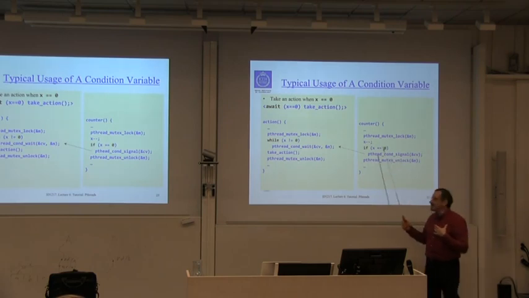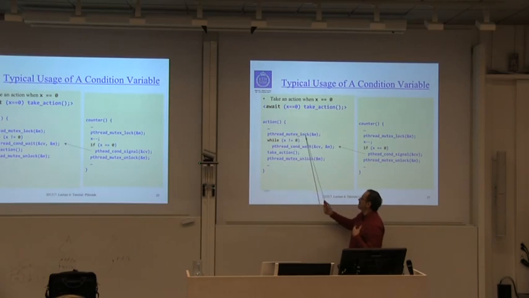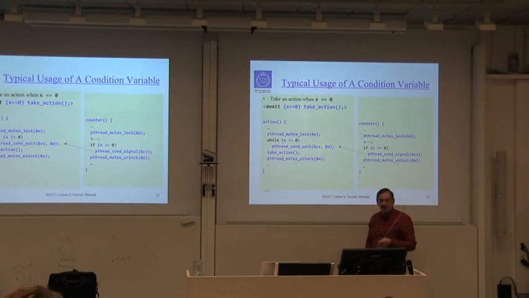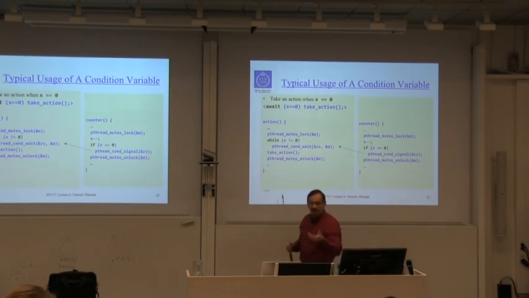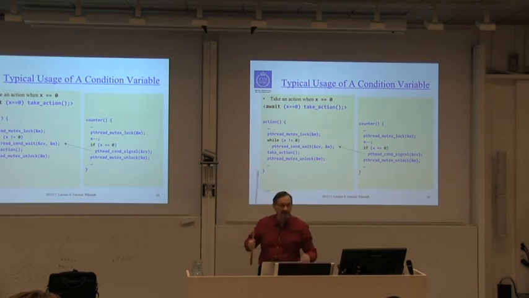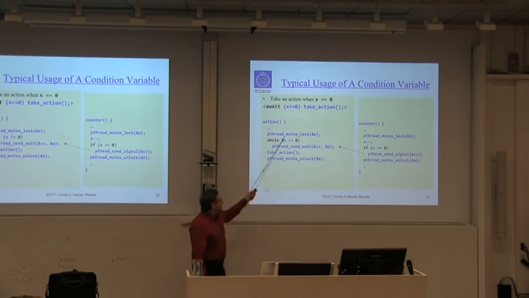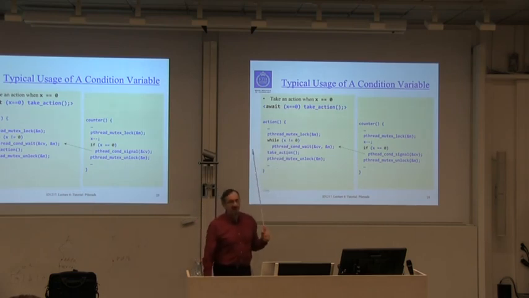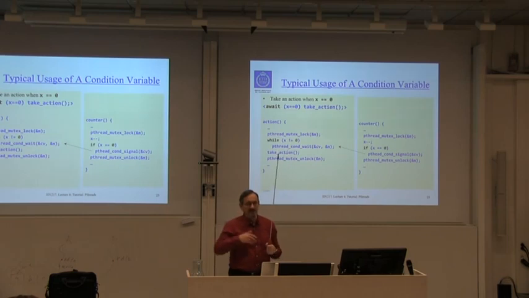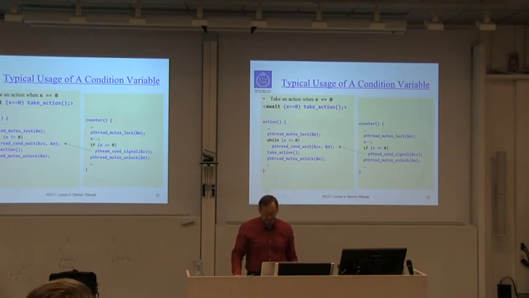So when this action is executed, it locks the lock, it checks x, it sees it's 0. It takes the action and unlocks the lock. And of course, you as a programmer should ensure that there is no race condition where x has been changed by someone. If x has been changed after this signal, which was lost, then this thread will be suspended because x is not 0 anymore, and it will wait for the next time it is signaled.